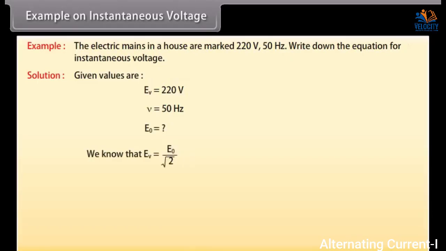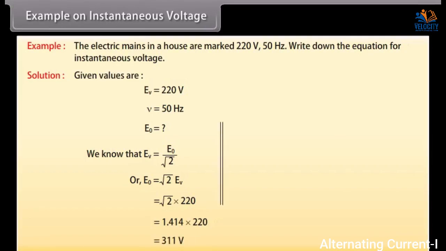We know that EV is equal to E0 divided by root 2, or E0 is equal to root 2 EV. On putting the values in the equation, we get E0 is equal to 311 volt.